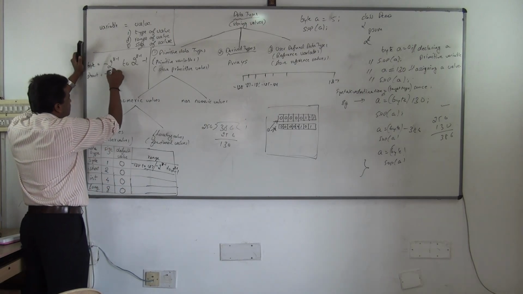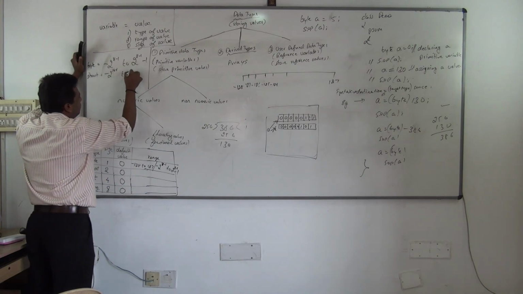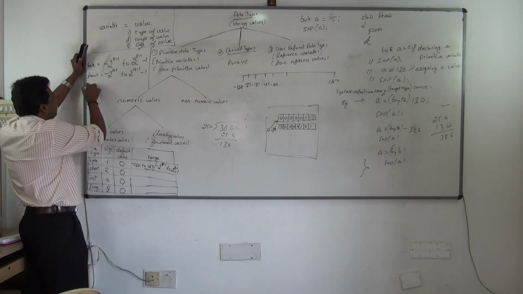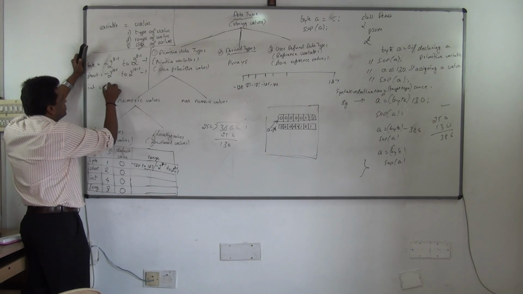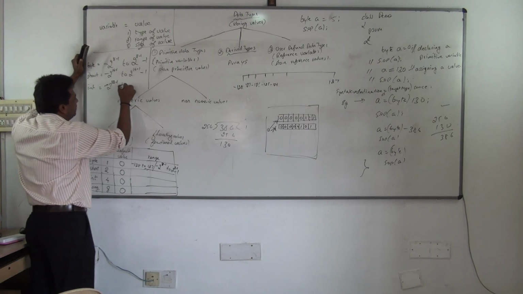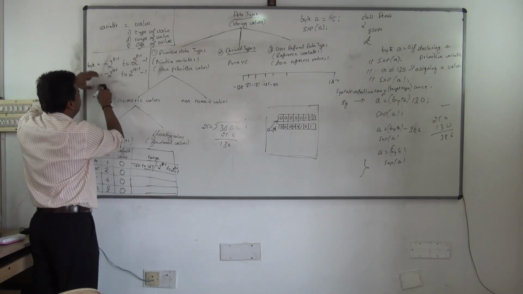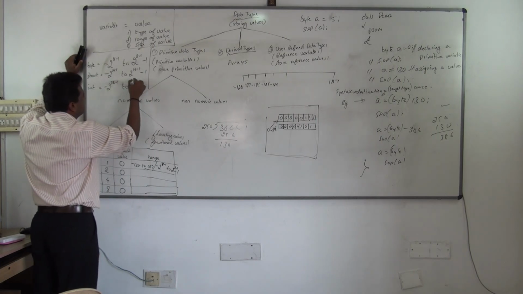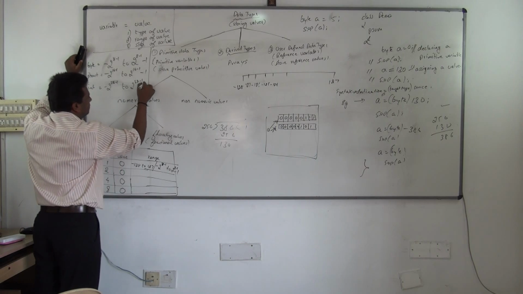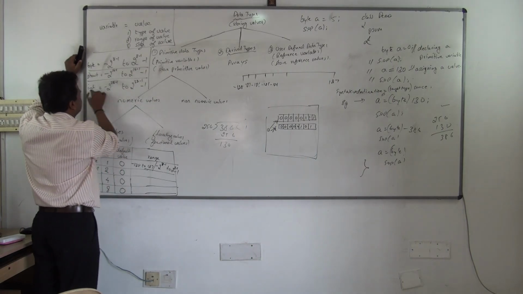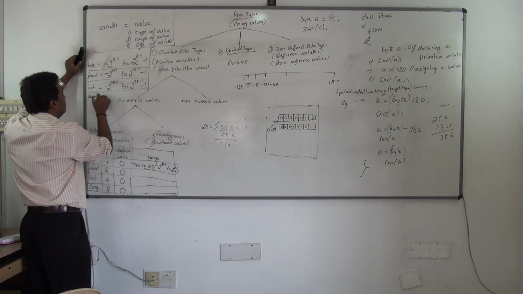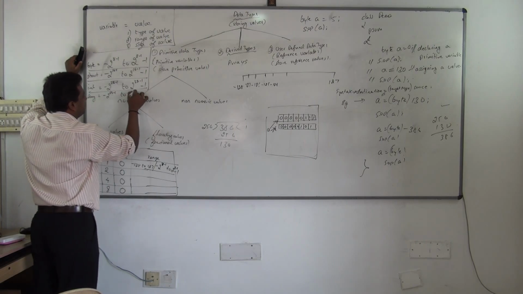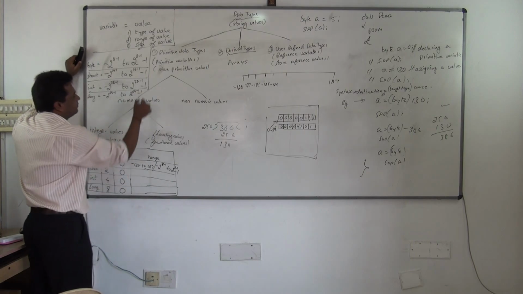Minus 2 to the power of 16 minus 1 to 2 to the power of 16 minus 1, minus 1. As simple as that. Int will be minus 2 to the power of 32 minus 1 to, following now? Last one is long. Minus 2 to the power of 64 minus 1 to 2 to the power of 64 minus 1, minus 1.